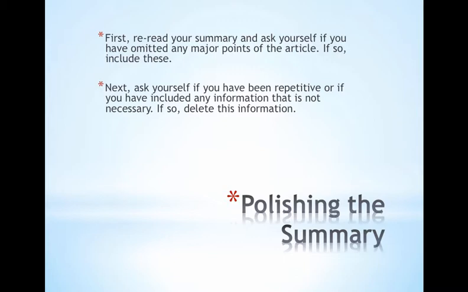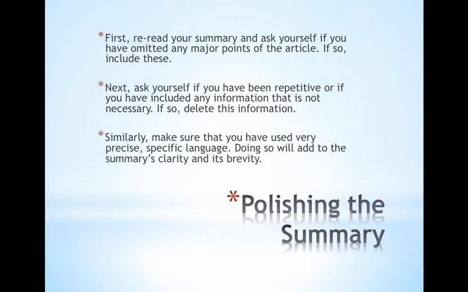And you see again this tension, right? The first instruction on this slide tells you be thorough, include anything that's really important. And then the second instruction says, but remember, these are supposed to be short, so delete anything that's not really important and certainly anything that's been repetitive. Similarly, you want to make sure that you've used very precise, specific language.